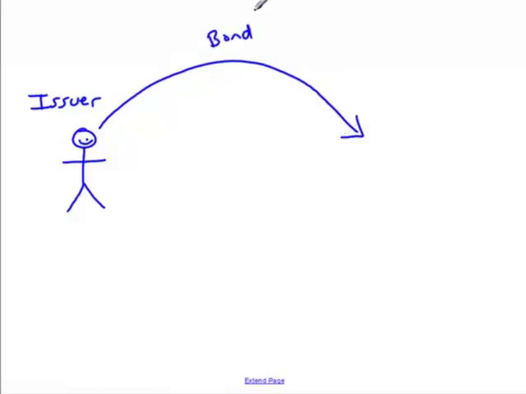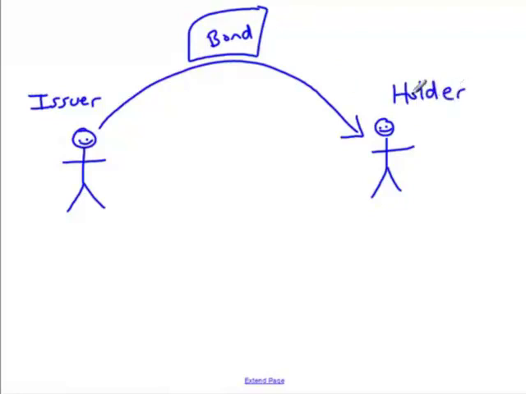And we're going to represent that bond as a piece of paper here. There's the bond. And the bond is issued to the investing public, and the person buying the bond here would be the bondholder. The bondholder is the person lending funds to the issuer.